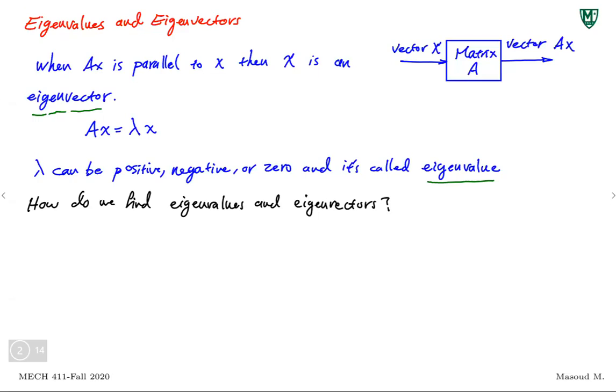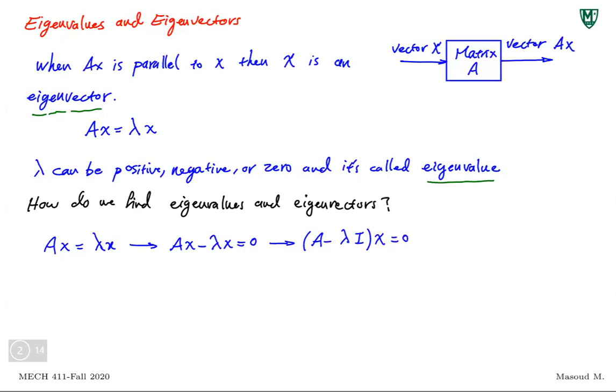Let's start with the equation we have: Ax is equal to lambda x. I move that to the other side: Ax minus lambda x is equal to 0. I can factor out x. If I factor out x, I have to use the identity matrix to make this work: A minus lambda I, times x, is equal to 0.